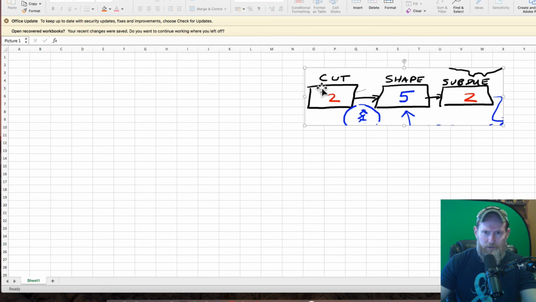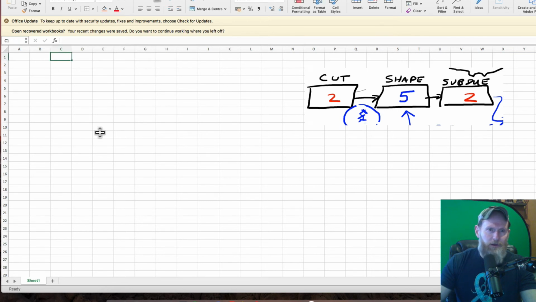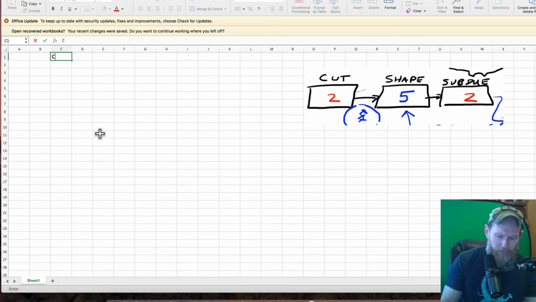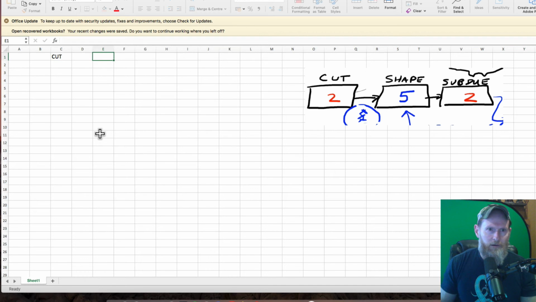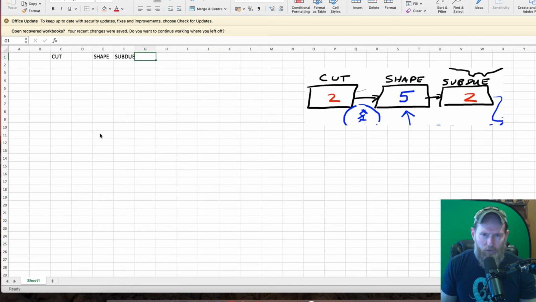And I'm going to put these steps in our process up here. I'm going to put cut. And I'm going to put shape. And subdue. And then I'm going to have a column for when the batarangs exit the process.